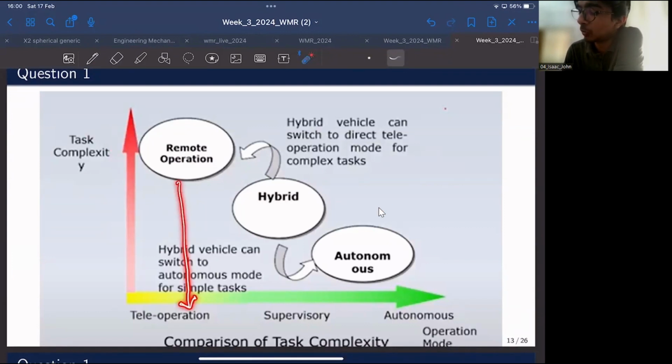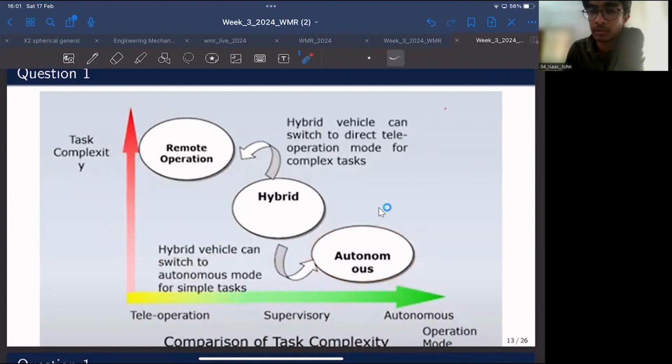So robots deployed on applications requiring high task complexity will be mostly remotely operated, right? And if the complexity of the task can be easily handled with the existing sensors and actuators, we can incorporate some level of automation onto a robotic system, which makes it autonomous.